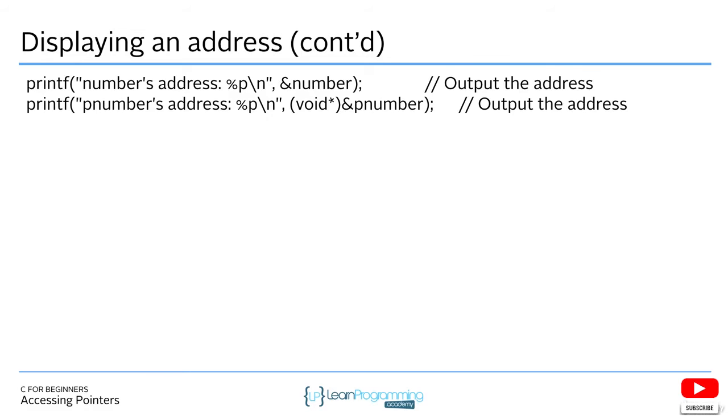Right? So if we supplied the ampersand with the pointer variable, we would actually display the address of that pointer, not the value of the pointer. Remember, the address of the pointer is some address in memory. The pointer value is an address that it's pointing to, and the value that it's pointing to is somewhere else in memory.